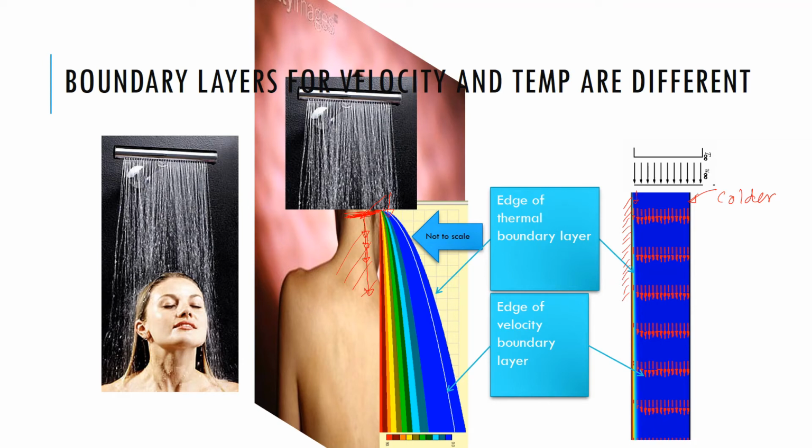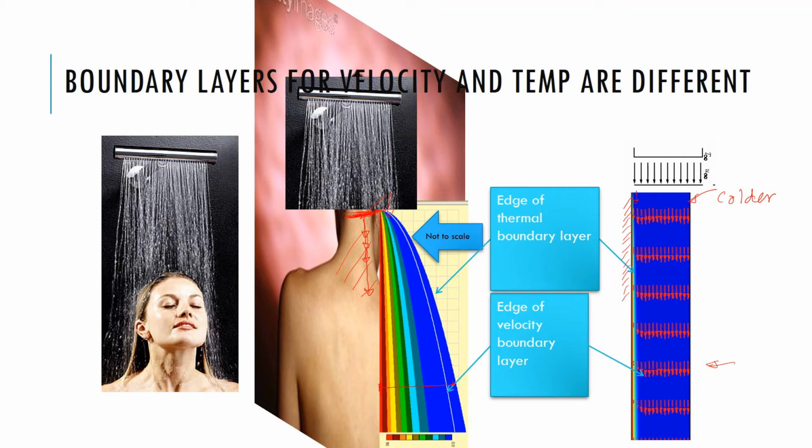And that is kind of exaggerated here, that on the surface is the warmest, the red, and then over here it's blue. The actual thickness is very thin. This figure is more realistic.